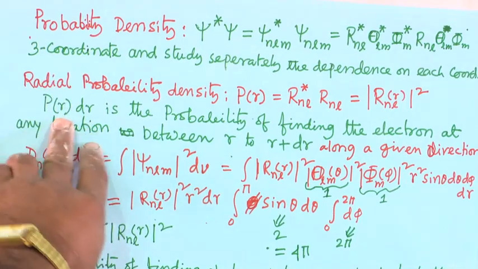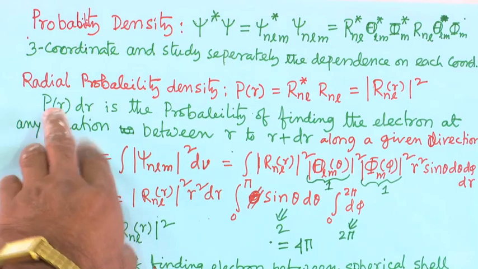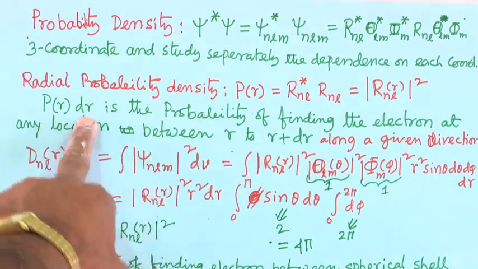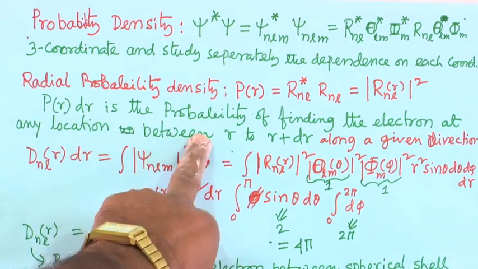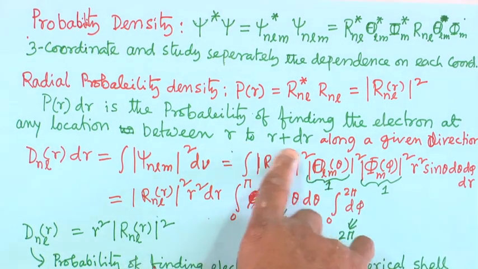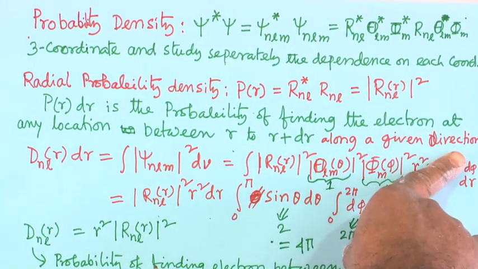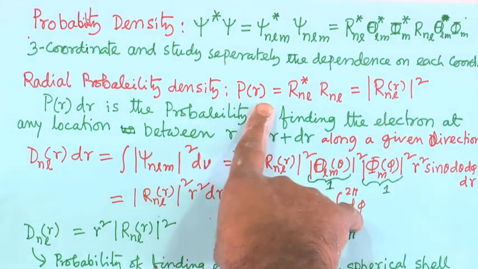So, what is P r then? P r dr is the probability of finding the electron at any location between r to r plus dr along a given direction.